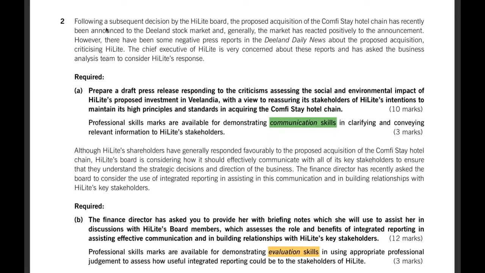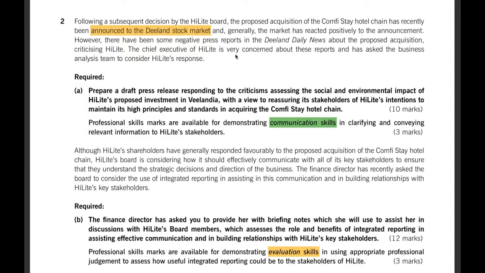The next one here is following a subsequent decision by the Highlight board, the proposed acquisition of Comfy Stay Hotel has recently been announced to the Zealand stock market. All right, so that means they have actually announced it here.